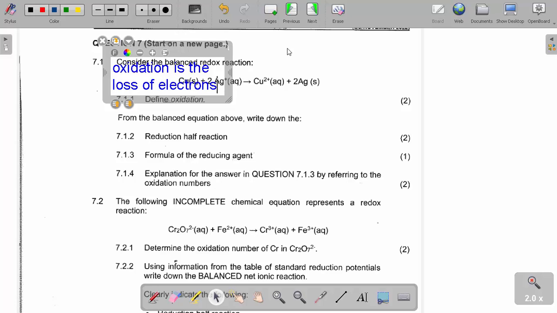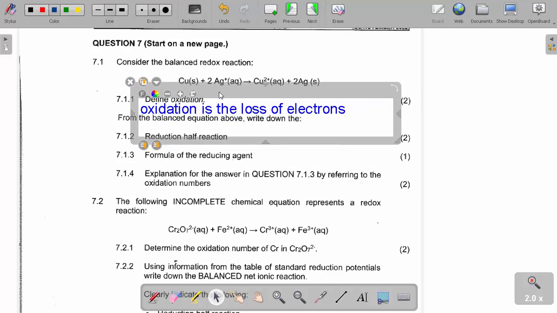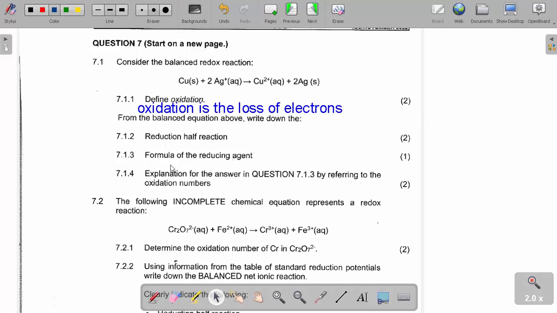Okay, and then now next what do they want? That's oxidation. Now they say that for the balanced equation, I will write down the reduction half reaction. So this is copper solid plus silver ion to give us copper 2+ plus silver. So reduction, you see this silver has been reduced to silver with 0. This is from +1 to 0, which means this is going to be our reduction half reaction.